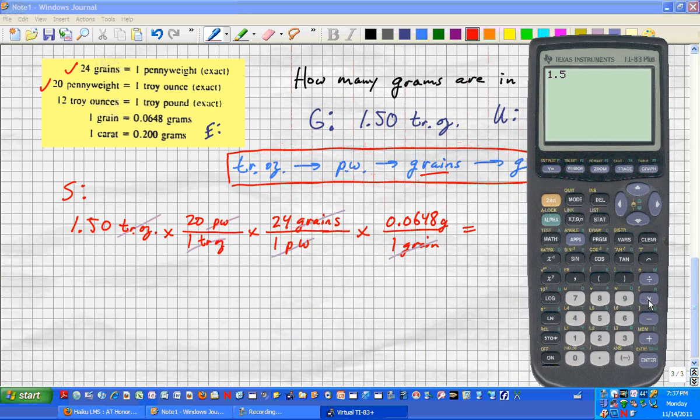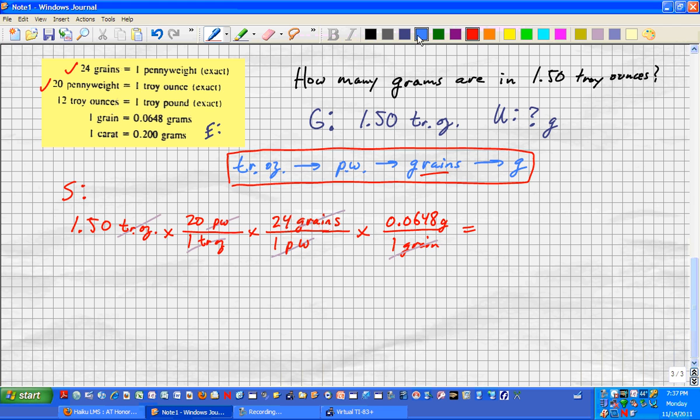Now what I'm going to do is multiply across the top, so it's going to be 1.50 times 20 times 24 times 0.0648, divided by, I've only got ones on the bottom, so that makes it easy. 1 times 1 times 1 times 1.